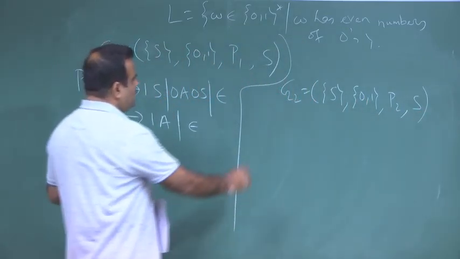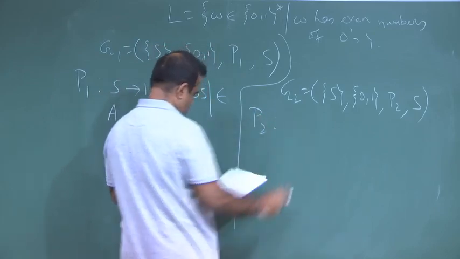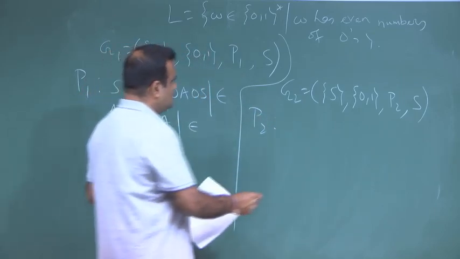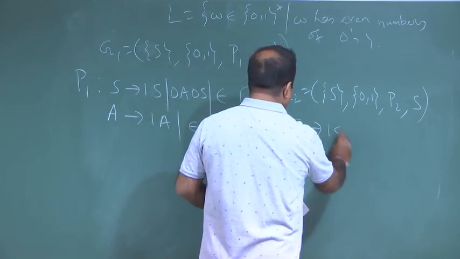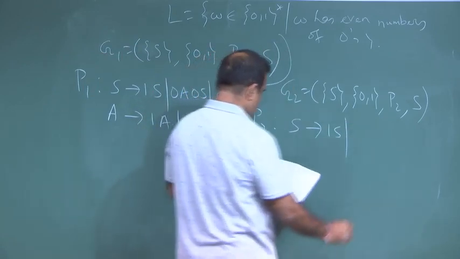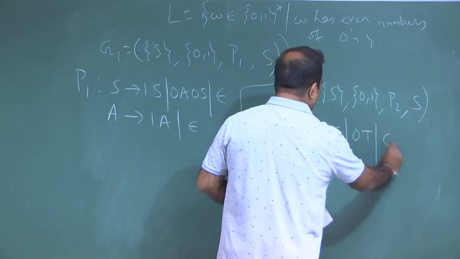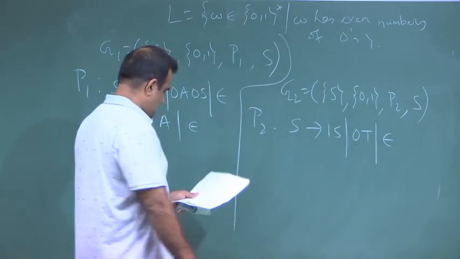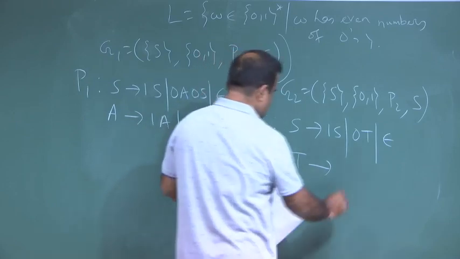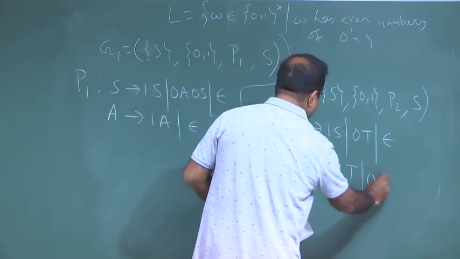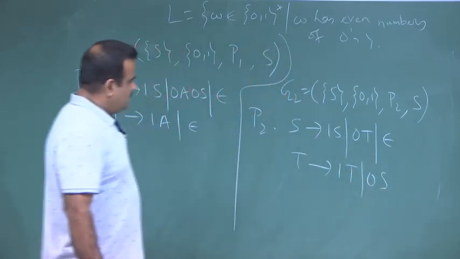So, what is P2? P2 is S going to 1 S, or 0 T, or epsilon, and T is going to, guess the rule, 1 T or 0 S. Okay.